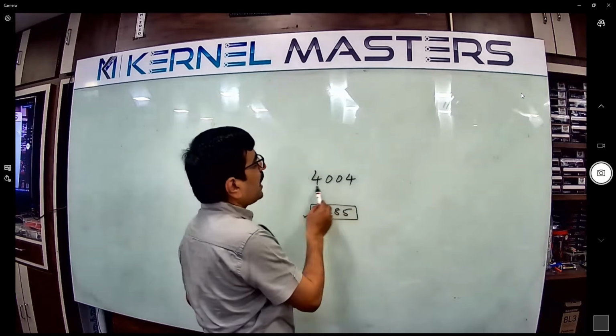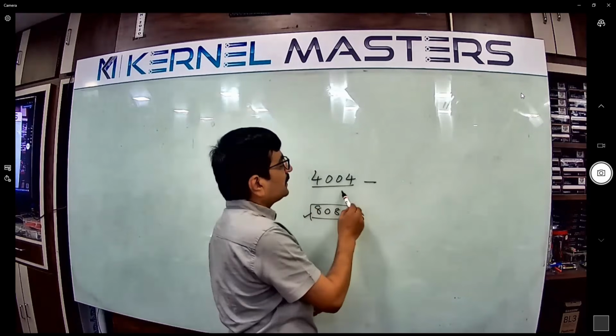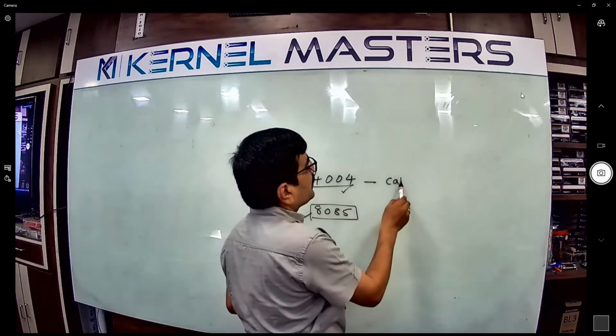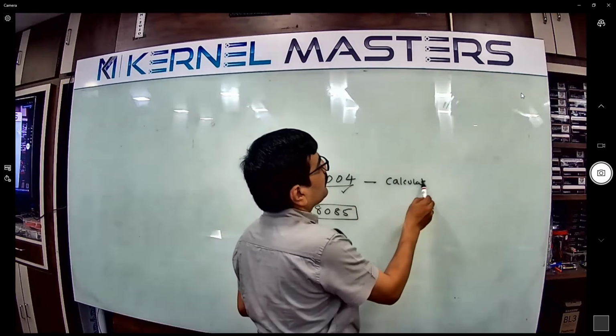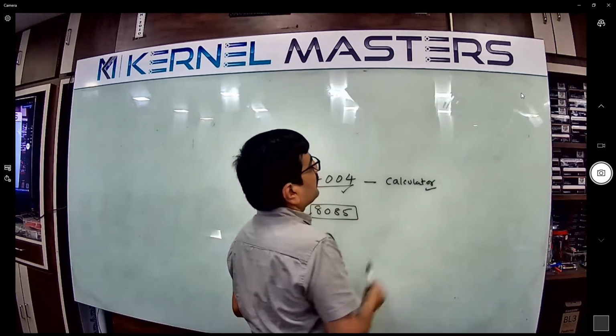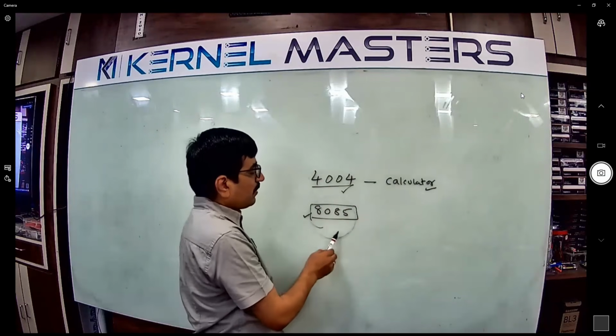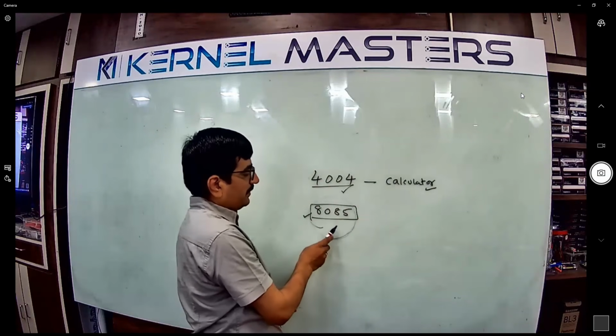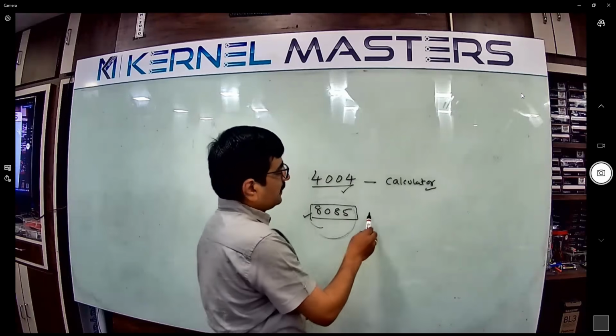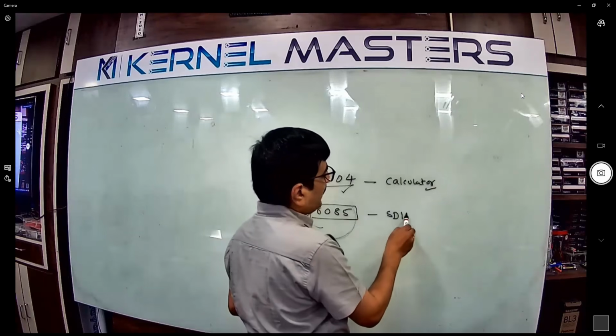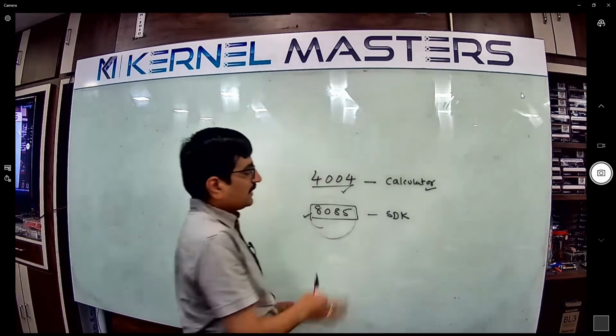The 4004 is not a computer, it is a microprocessor, but its application was a calculator, a basic level of computer for calculator purposes only. The 8085 came as a first software system development kit, the SDK, the first microcomputer, but very basic level.